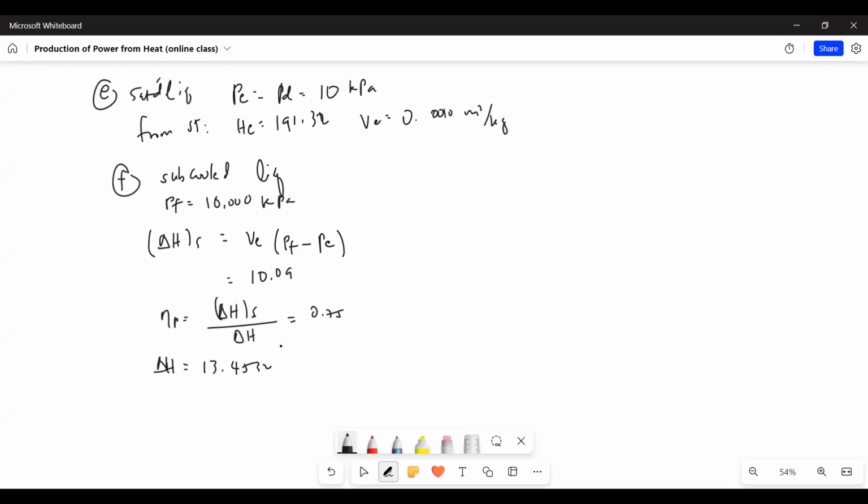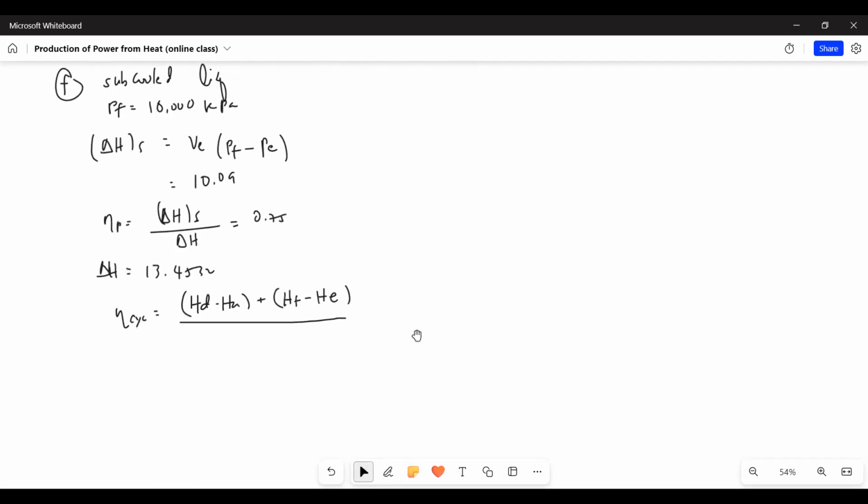Alright. So now we calculate for the efficiency of the cycle without reheat. So this is the end of the cycle. What is our equation? So for the turbine, diba, HD minus HT minus HA, and for the pump, HF minus HE, divided by the boiler. So let me review natin.